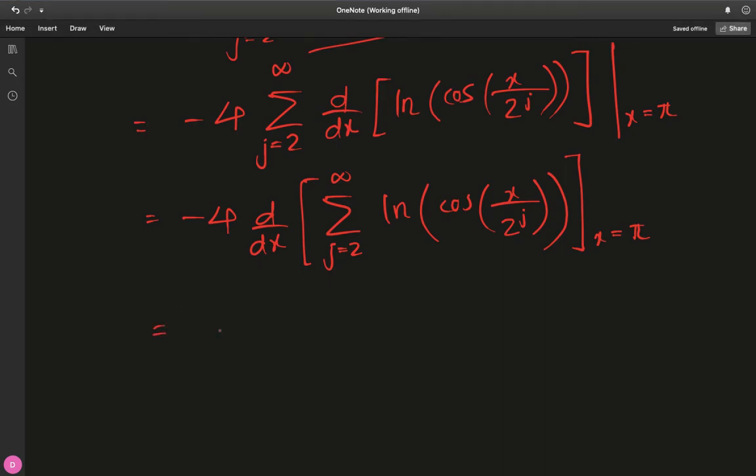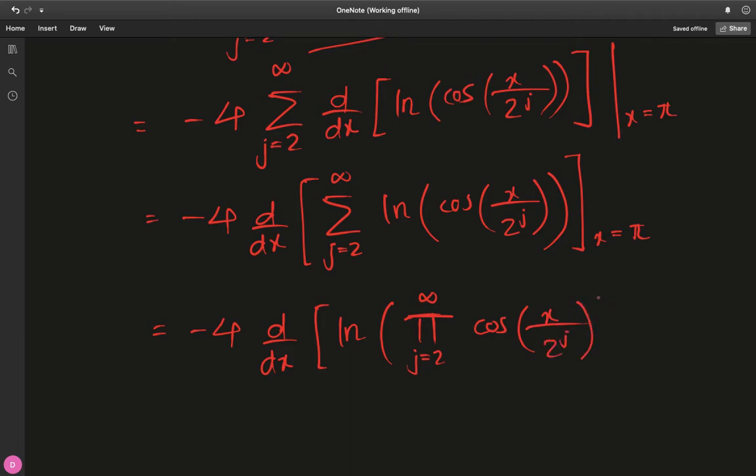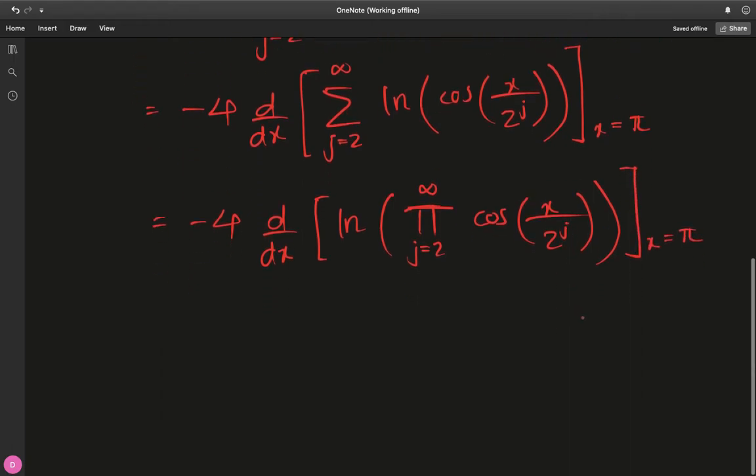So we can write this as minus 4 times the derivative with respect to x of, well, natural log of the product from j equals 2 to infinity of cosine of x over 2 to the jth power, then again evaluated at x equals pi, the entire derivative.